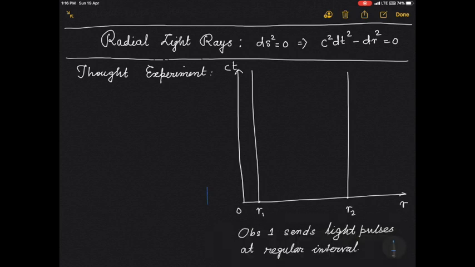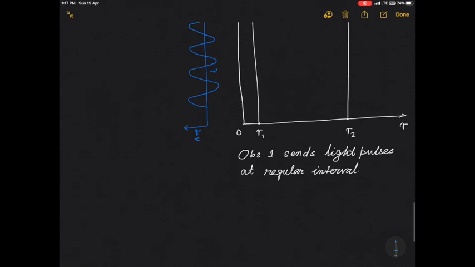Let me just draw for you one example of what he's doing. If this is my time axis, and this axis is amplitude and this is time, he is sending, for example, a sinusoidal wave, maybe a sinusoidal electromagnetic wave. Light pulses, so it has to be an electromagnetic wave. Remember, this is amplitude, this is not distance.